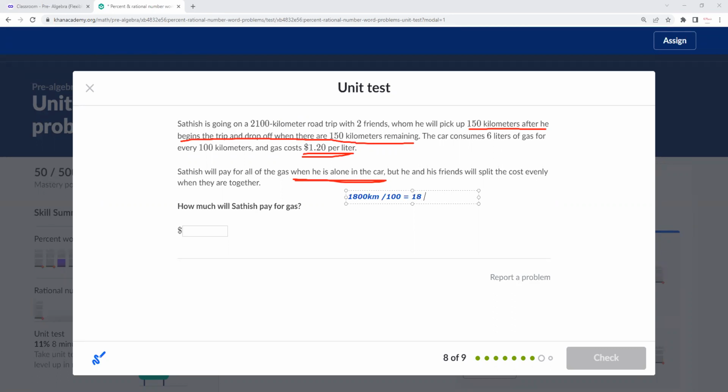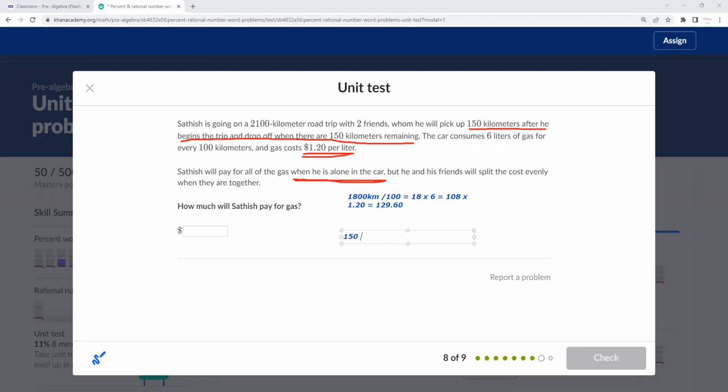Then I need to multiply that by 6, because we're paying per liter, and that's 108, and each liter is $1.20. So multiply that by 1.20. He's going to pay $129.60 when he's alone.